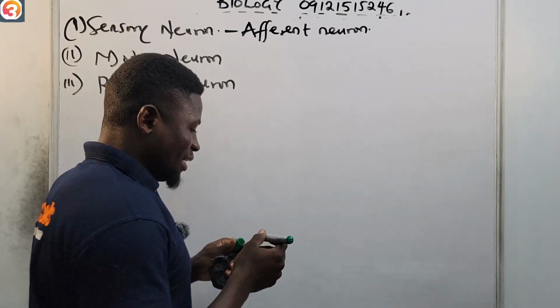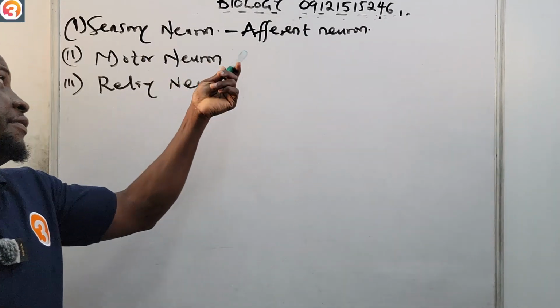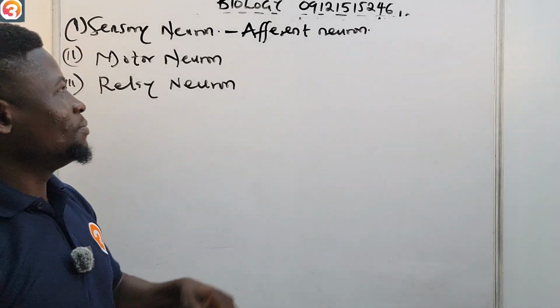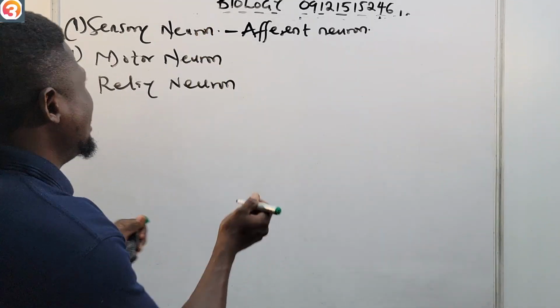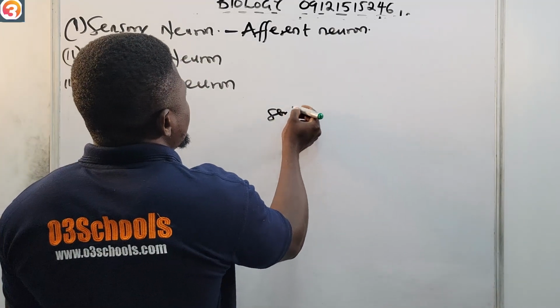Please take note of that, as you may see it in your exam. You may not see sensory. If you see afferent neuron, it's the same thing as sensory neuron. As the name implies, sensory has to do with your sense organs.